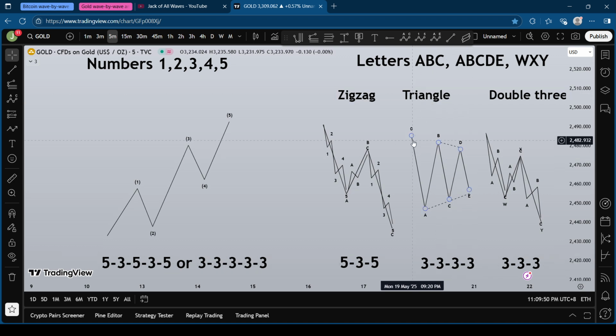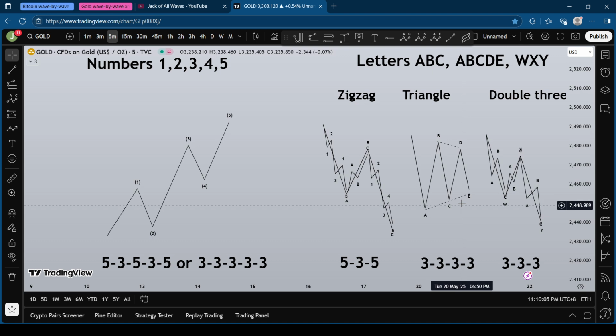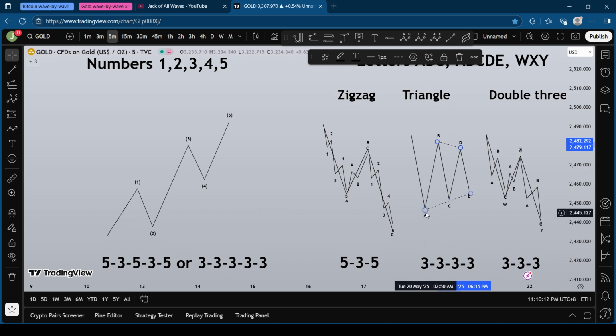That means the internal waves of wave A here must be composed of 3. Wave B is 3. B to C is 3. C to D is 3. D to E is also 3. And usually when it comes to the trend line resistance and the trend line support, for the trend line resistance, we connect the wave B to D. And then for the trend line support, we connect the A to C and extend it until the area of the wave.